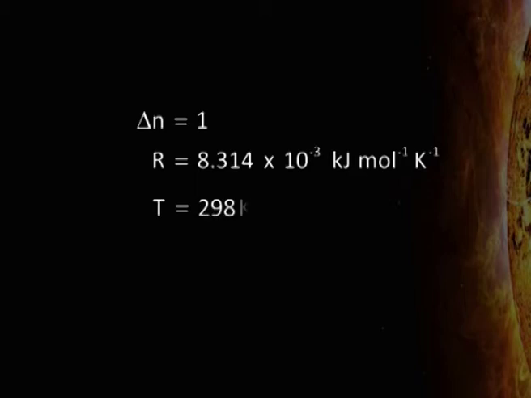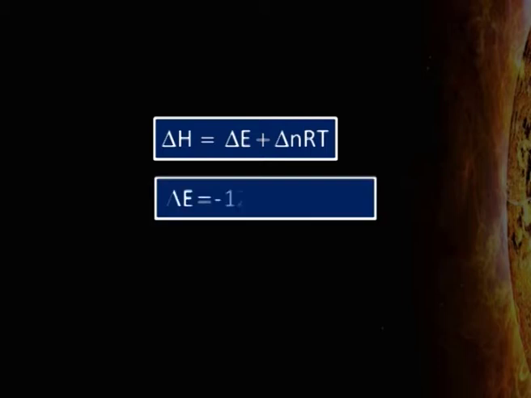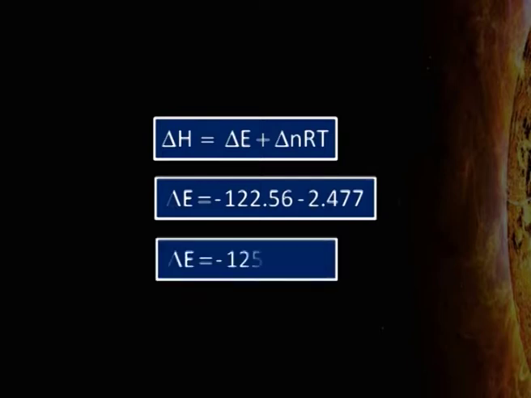As temperature is 298 Kelvin, hence putting all the values in the equation delta H equal to delta E plus delta N RT, you will get delta E is equal to minus 122.56 minus 2.477, which is equal to minus 125.037 kilojoules.